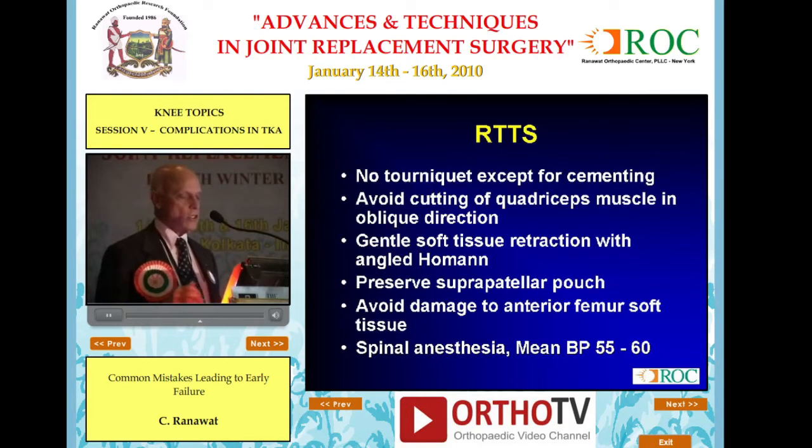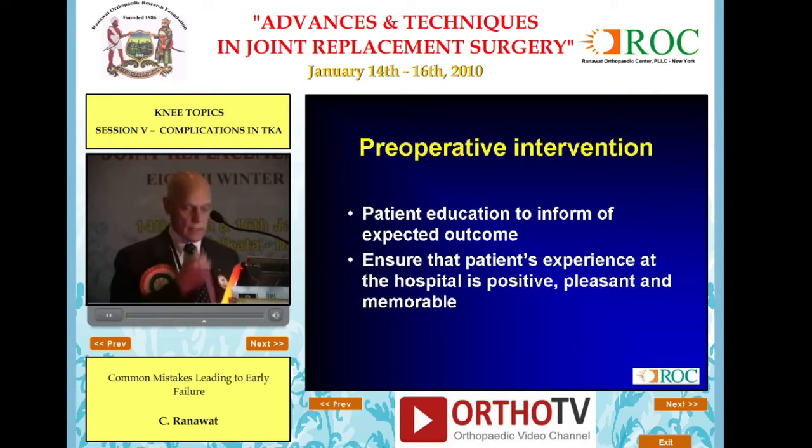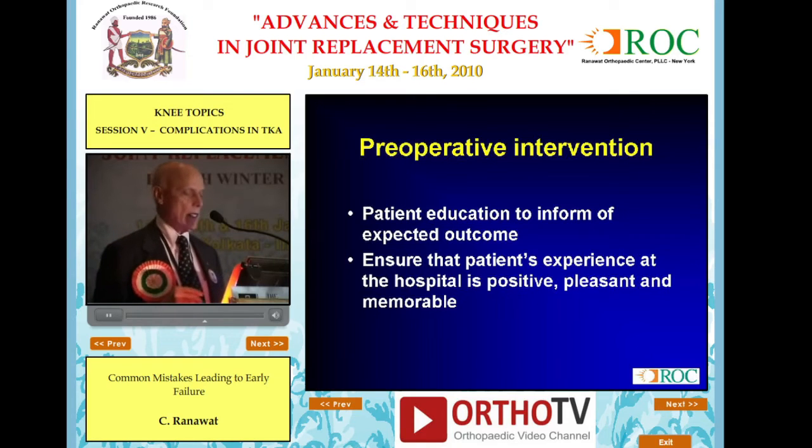Retraction with angled Homans, which I use, are soft retractors, not pushing and pulling and tugging. Preserve the suprapatellar pouch, otherwise you get adhesions, and anesthesia, spinal epidural, with a mean pressure around 60 to 55.